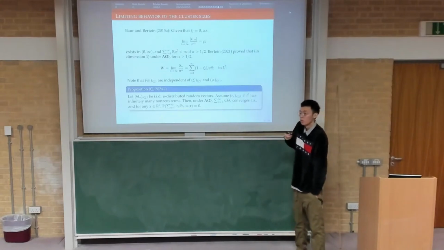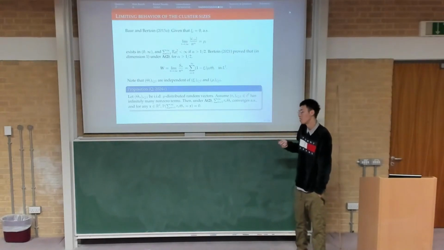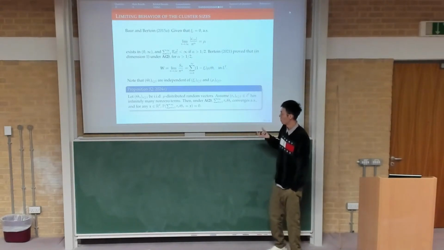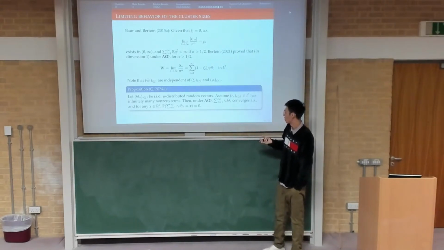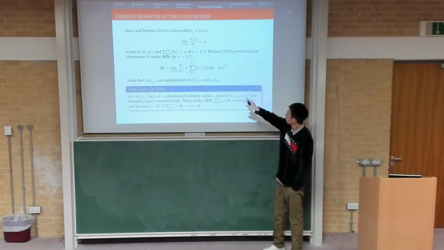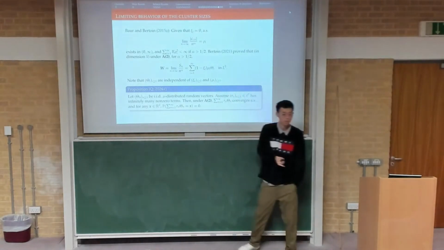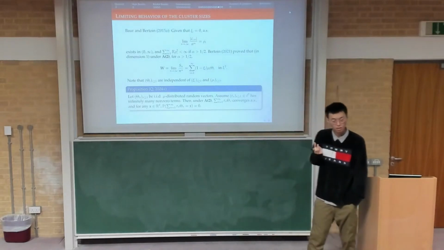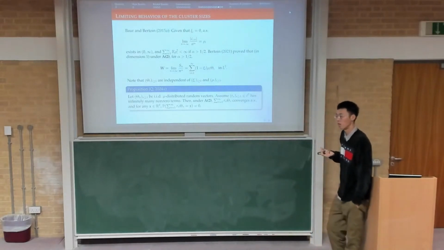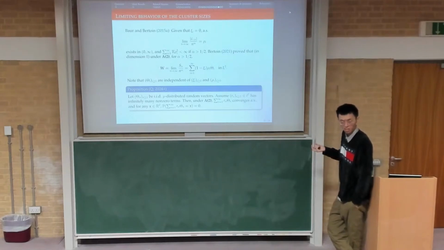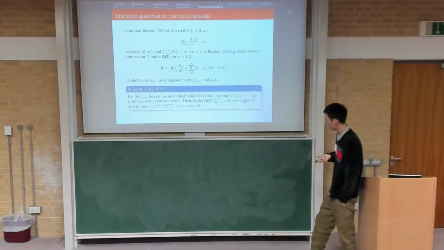Then we want to show that W is almost surely non-zero. Then we can prove a general result: because of the previous result, the coefficient in front of theta i is almost surely an L2 sequence, and it has infinitely many non-zero terms.